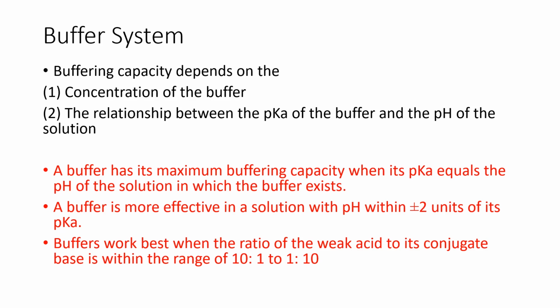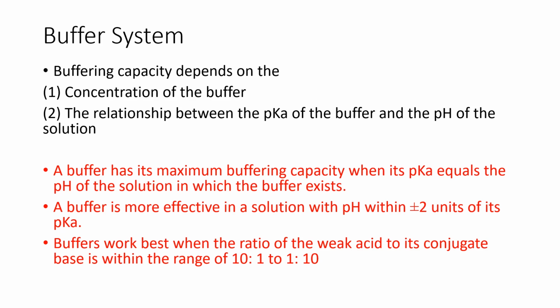Now, these are the three important points I want us to know concerning buffer systems. The first one is that a buffer has its maximum buffering capacity when its pKa equals the pH of the solution in which the buffer exists. For example, in the human blood with a pH of 7.4, a buffer that has a pKa very close to 7.4 is more likely to function better than a buffer system that has a pKa of 6.1.